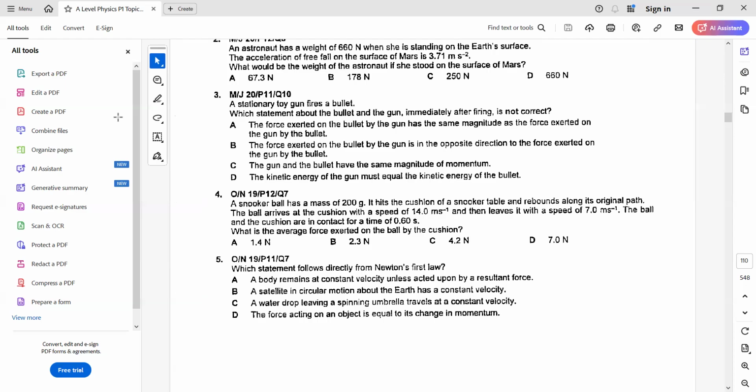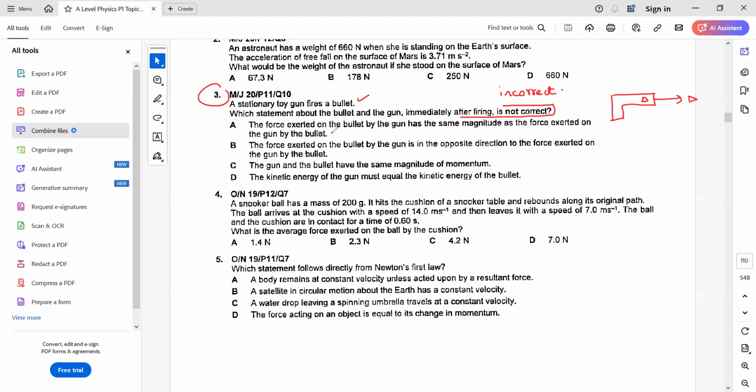Then in question three, they say a stationary toy gun fires a bullet. Okay. So that's the bullet and the toy gun. It fires this bullet. Which statement about the bullet and the gun immediately after firing is not correct? So we have to find out the incorrect statement here. The force exerted on the bullet by the gun has the same magnitude as the force exerted.